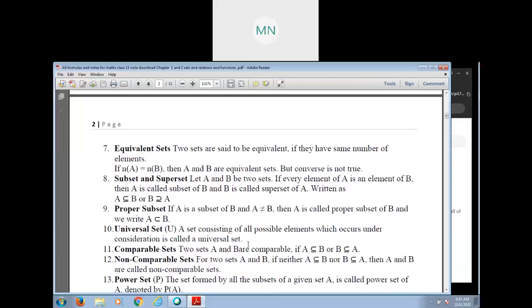A is a set that contains the elements, suppose 1, 2, 3, 4, 5. Then the number of elements of that set is what? 5. Okay.